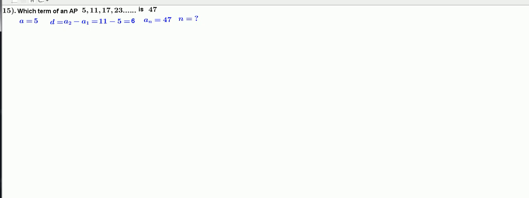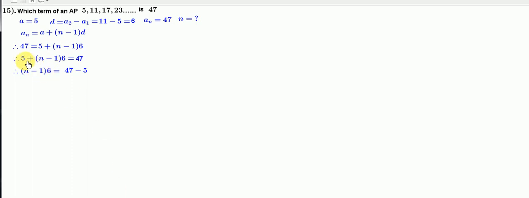Let us write the formula. An equal to A plus n minus 1 into D. Therefore, 47 equal to 5 plus n minus 1 into 6. That implies 5 plus n minus 1 into 6 is equal to 47. N minus 1 into 6 equal to 47 minus 5.